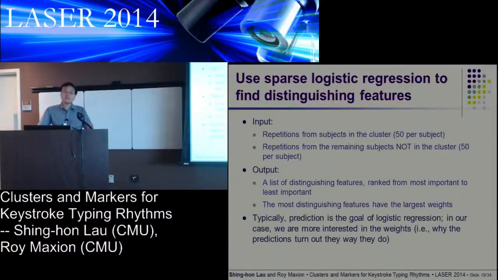But for the purposes of this work, we're actually more interested in the weights, because it'll turn out, as you'll see in a couple of slides, the weights are what determine the predictions. So what we're interested in here is, why do we make the prediction that we do? Because that will tell us which of the features that we have distinguish this cluster from the remainder of the population.